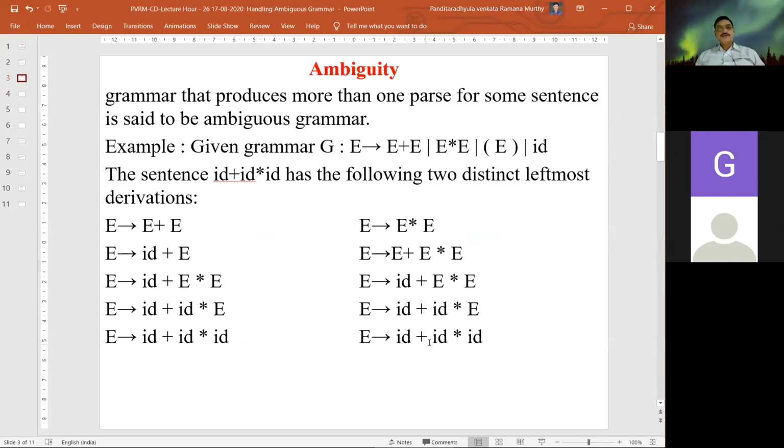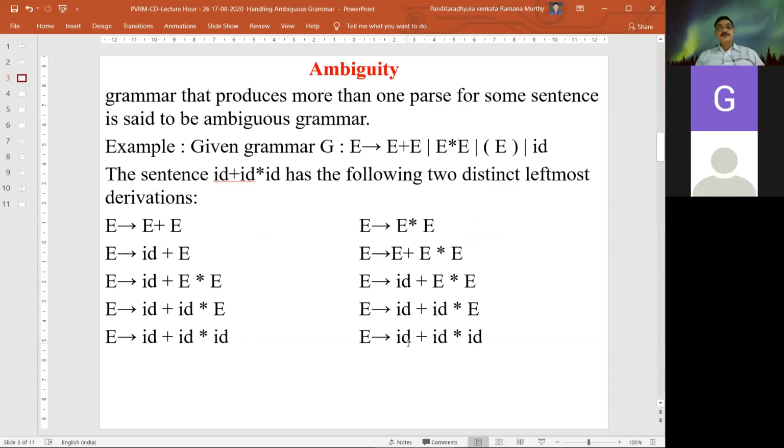Or else, if you multiply the second and third ID and then add that result to the first ID, we get a different result. So two different derivations, or two different parses, produce two different results, which is an ambiguity for us.